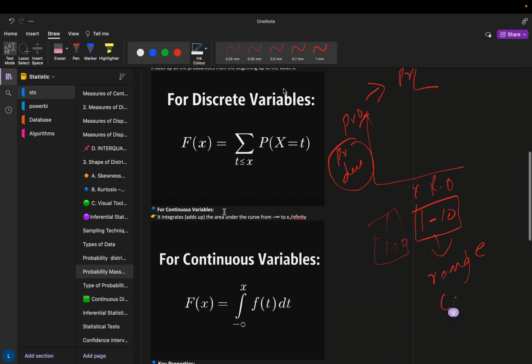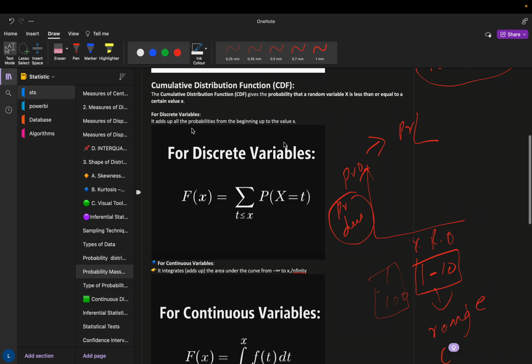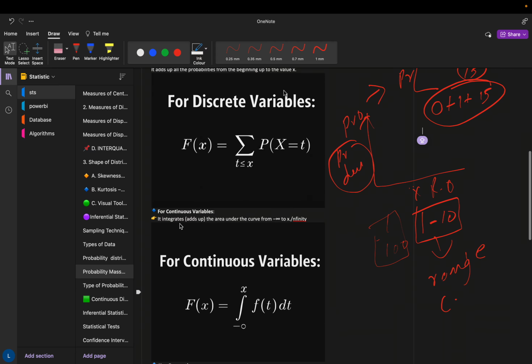For discrete data, it adds up the probability from the beginning. For example, if I want up to 15, it will add from 0, 1, till 15. For continuous data, it integrates, adding up the area under the curve from minus infinity to that value of x.